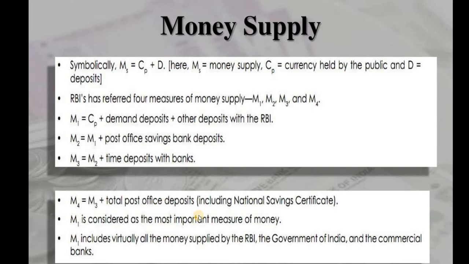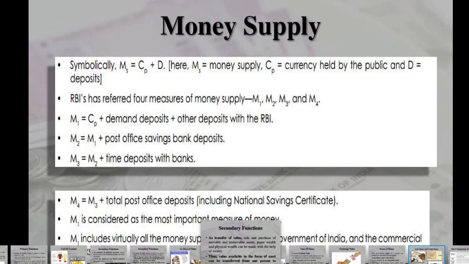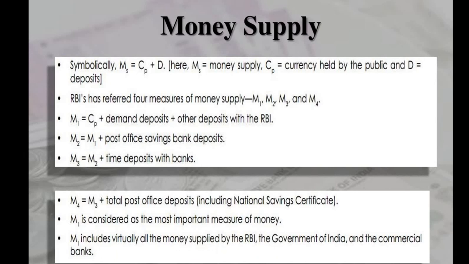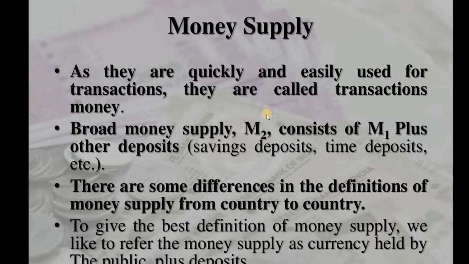M4 equals M3 plus total post office deposit like National Savings Certificate. M1 is considered the most important measure of money because it is the currency with the public. It includes virtually all the money supplied by the RBI, Government of India and the commercial banks.